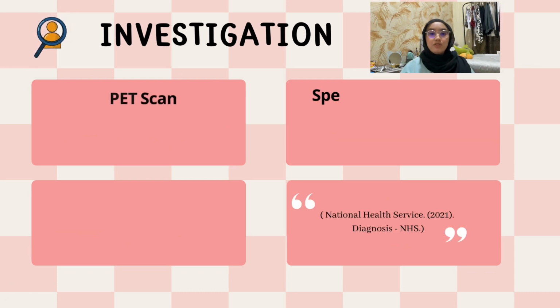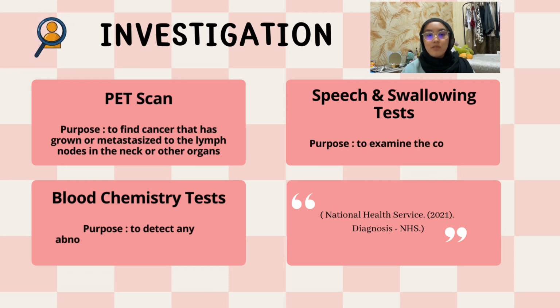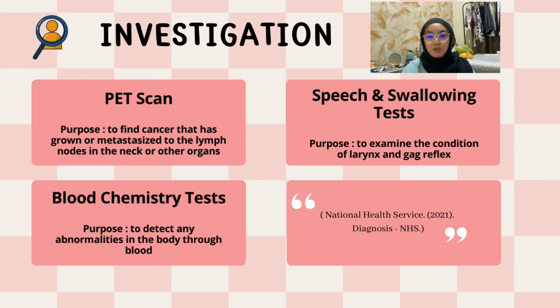For the last part of the investigation, we have PET scan. The doctor may recommend it to the patient to find cancer that has grown or metastasized to the lymph nodes in the neck or other organs. And then we have speech and swallowing test. It may be necessary to examine the condition of the larynx and gag reflex.